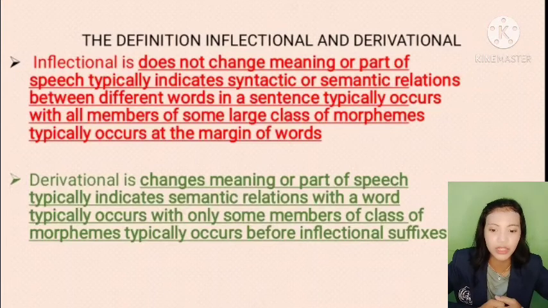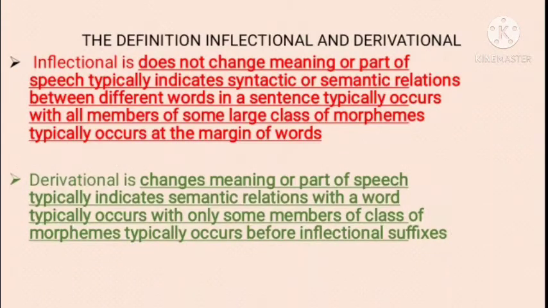Typically occurs with all members of some large class of morphemes. Typically occurs at the margin of a word. Derivational changes meaning or part of speech. Typically indicates semantic relation with a word. Typically occurs with only some members of a class of morphemes. Typically occurs before an inflectional suffix.